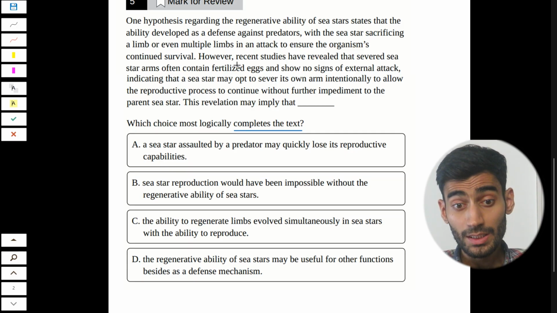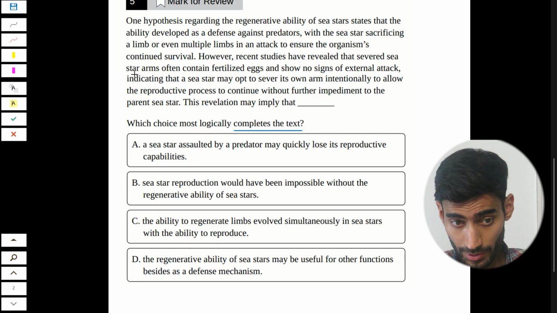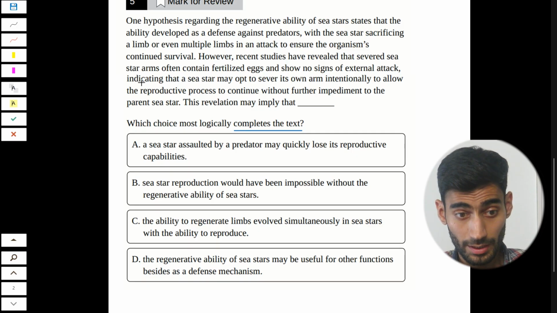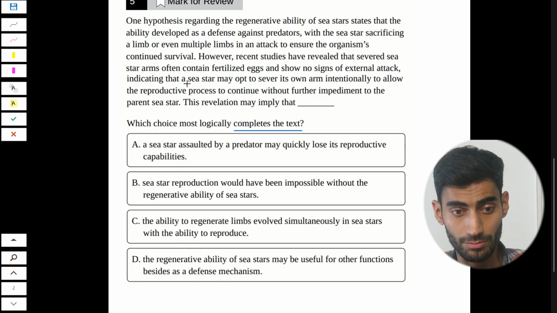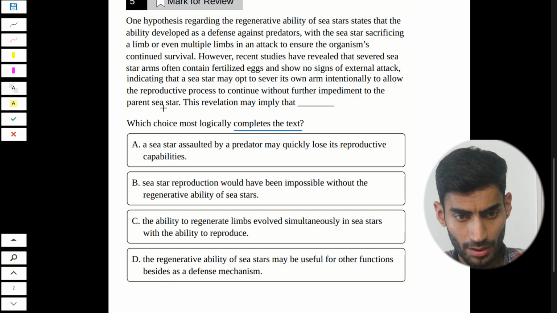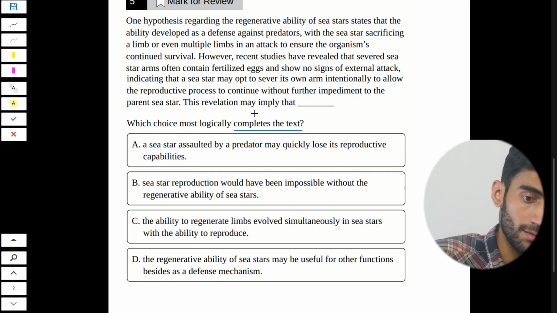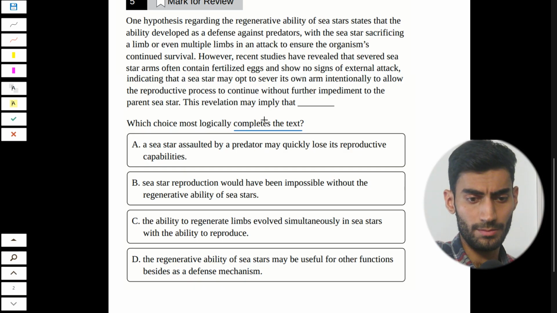However, recent studies have revealed that severed sea star arms often contain fertilized eggs and show no signs of external attack, indicating that a sea star may opt to sever its own arm intentionally to allow the reproductive process to continue without further impediment to the parent sea star. This revelation may imply that... all right, let's see what options we've got.